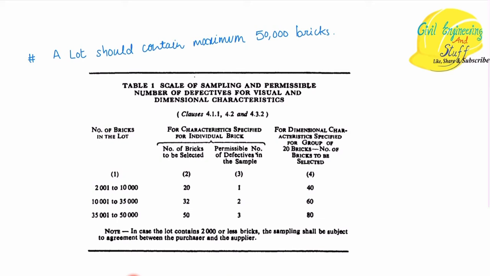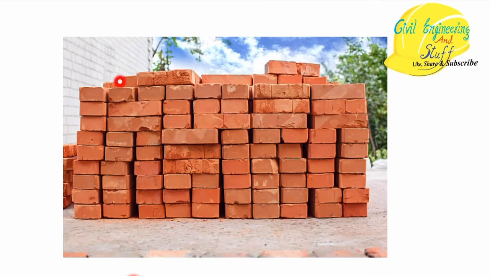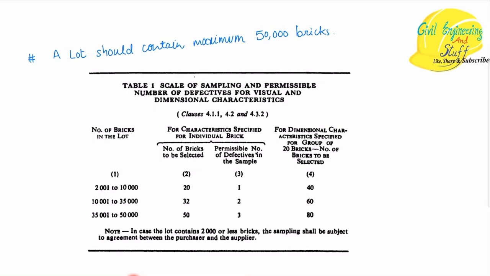If you are going for the analysis of dimensional characteristics, then depending upon the size of the lot, and the type of dimensional study we want to do, we take the quantity of bricks. First, let us understand what a lot is. A lot is a collection of bricks in which we can have a maximum of 50,000 bricks.